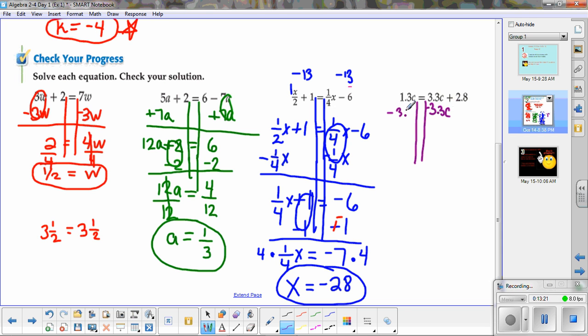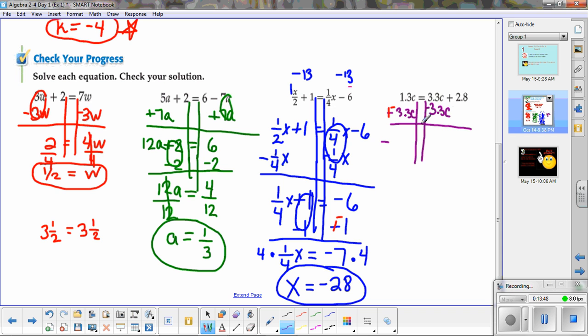Remember, you line up the decimal when subtracting decimals. Now 1.3 minus 3.3, that is where you are taking away a larger number from a smaller one. So you may want to change that to adding the opposite. So we know it's going to end up being negative, because this number has the greater absolute value.